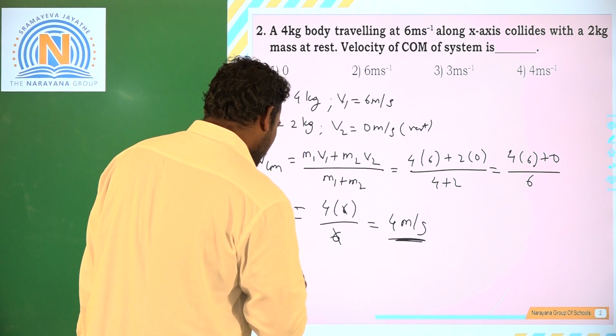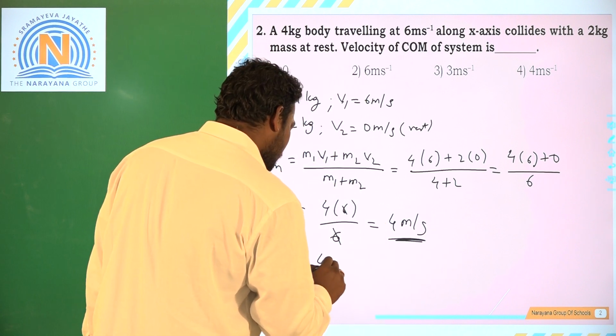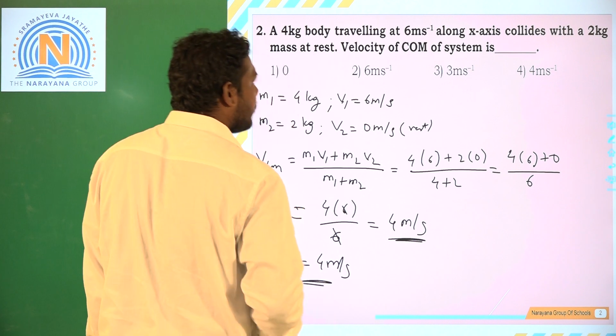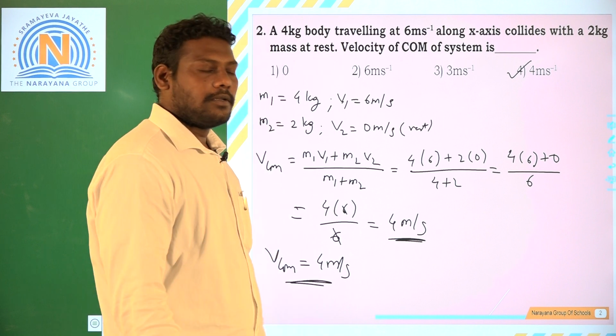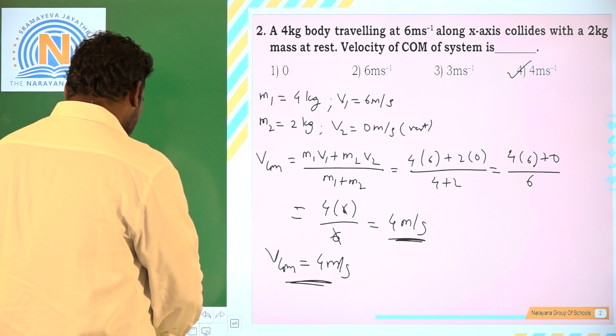So VCOM is equal to 4 meter per second, right? Okay, let us go to the third question.